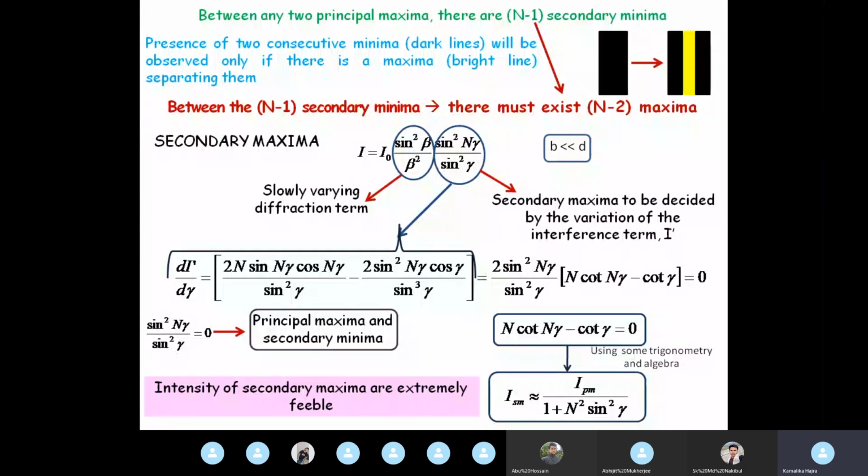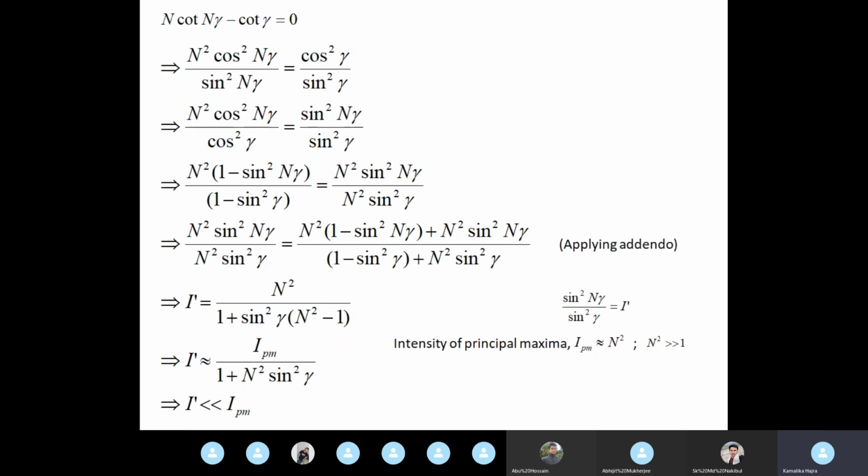It's 1 by n square times the intensity of the principal maxima, and n is very, very large, so 1 by n square times the intensity makes the values of I secondary maxima extremely feeble. So we just found that out, and for your reference I have done this sort of trigonometry or algebra, where from the expression n cot n gamma minus cot gamma equal to 0, we arrive at this result that I secondary maxima is much, much less than I principal maxima.